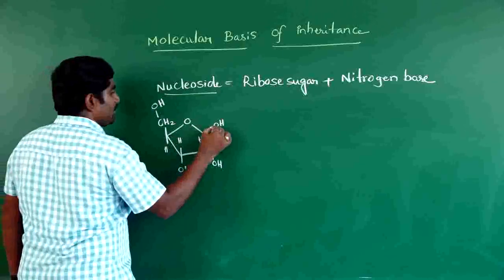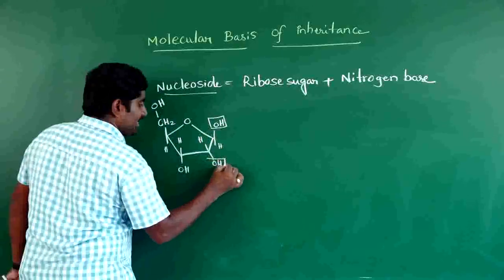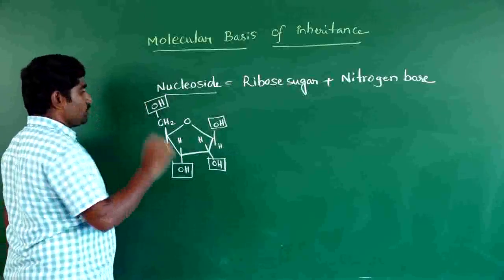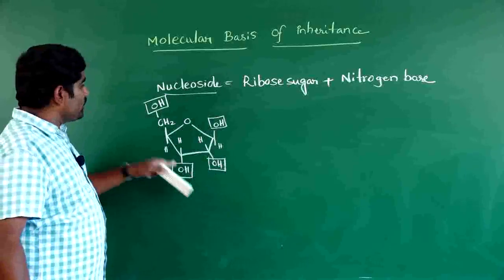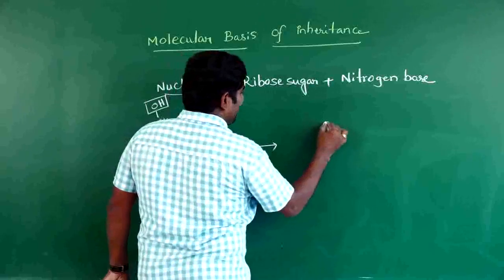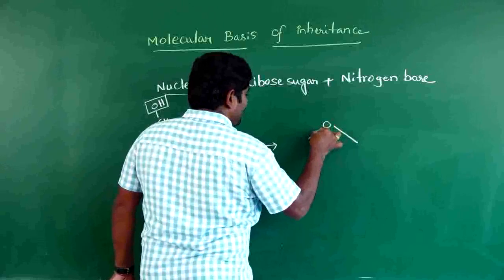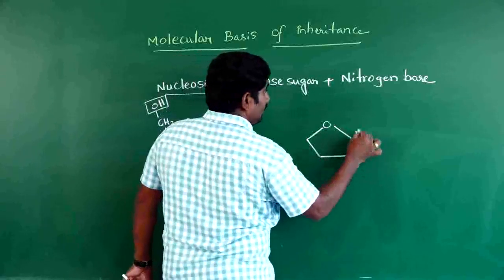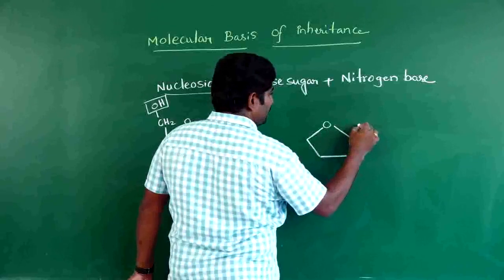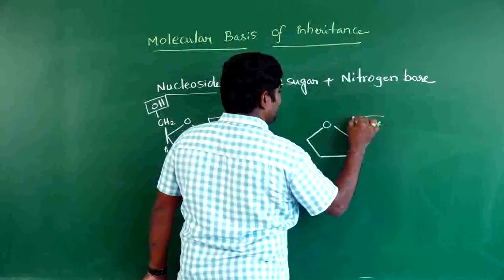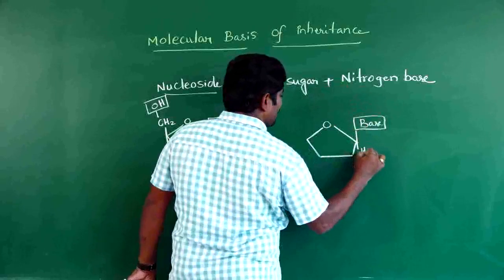This is the first carbon OH group, this is the second carbon OH group, this is the third carbon OH group, and this is the fifth carbon OH group. When this ribose sugar is paired with the nitrogen base, the nitrogen base replaces the OH group present at the first carbon.